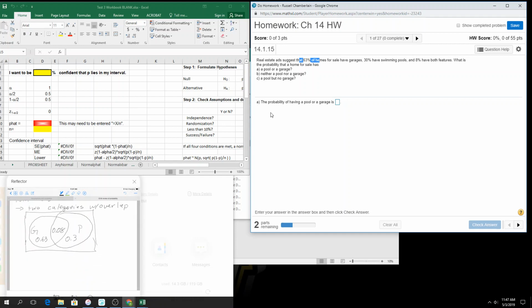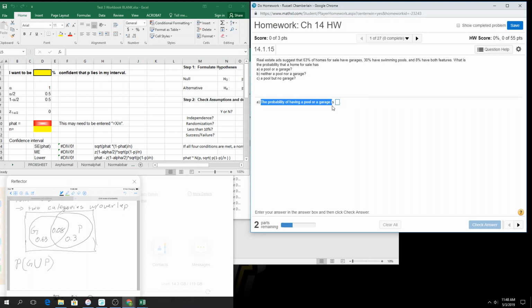And so what is the probability of having a pool or a garage? So what does this say? In math, this looks like this. Probability, curly P for probability, G for garages, a big cup or a big U for or, the garage or pool.